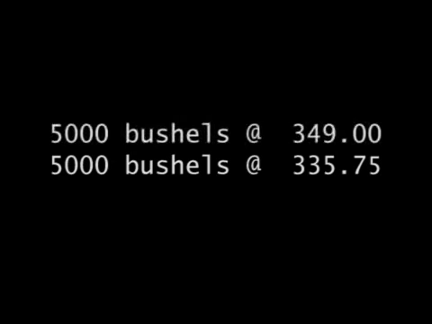So we bought it at $335.75, and we sold it at $349. Easy so far? Subtract the long position from the short position to get the change in price, which is $13.25. That's 13 1/4 cents. And yep, that's our gain, 13 1/4 cents.